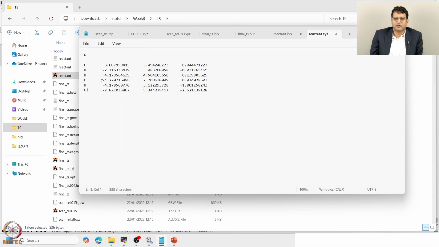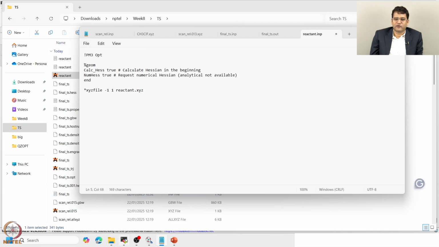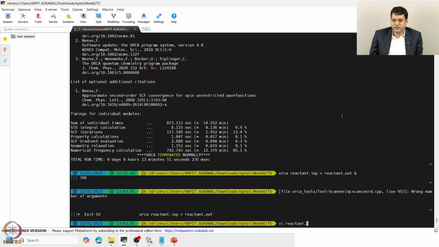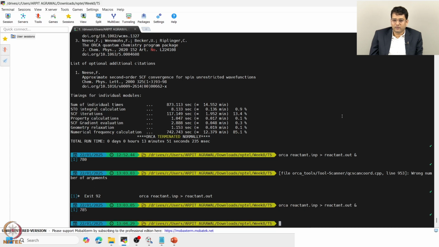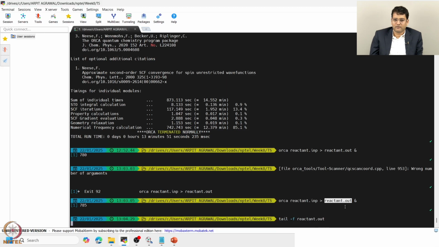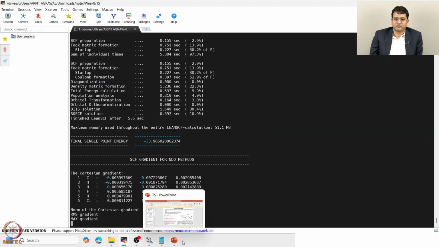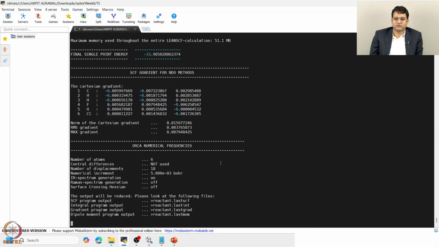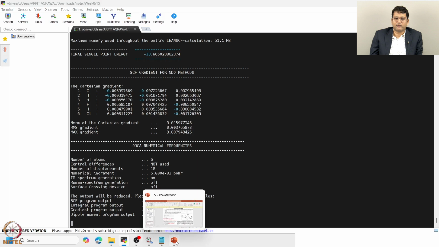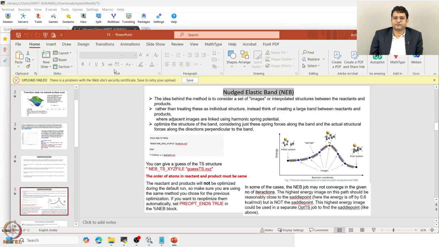So now I have saved it with the proper format, and that's why it was initially giving me the trouble. I hope now this will run properly. So it has started calculating the numerical frequencies.